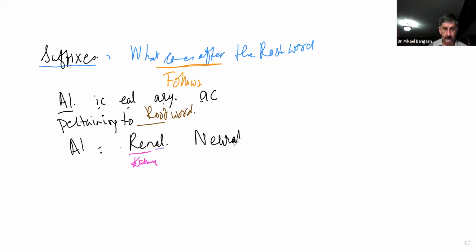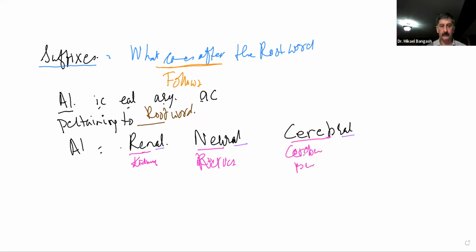Again, pertaining to nerves. We can go on with another one and say cerebral. Again, -al pertaining to cerebral, which in this case is going to be cerebrum or brain.